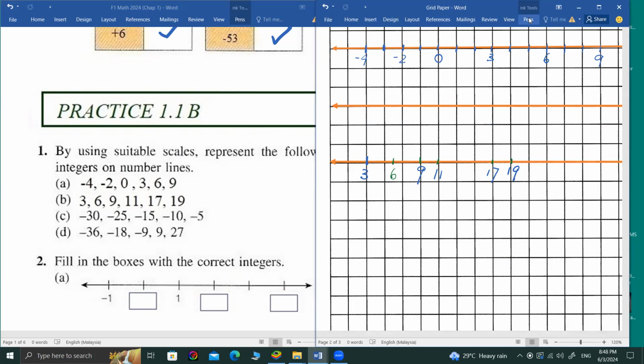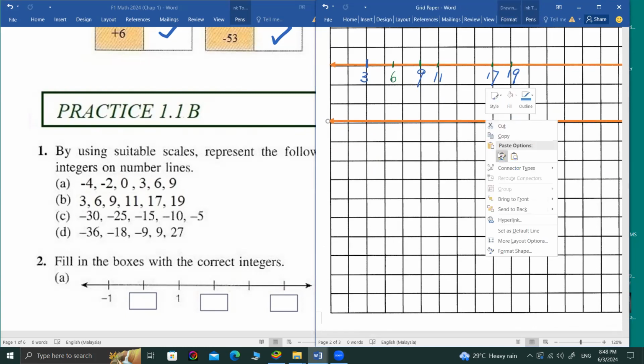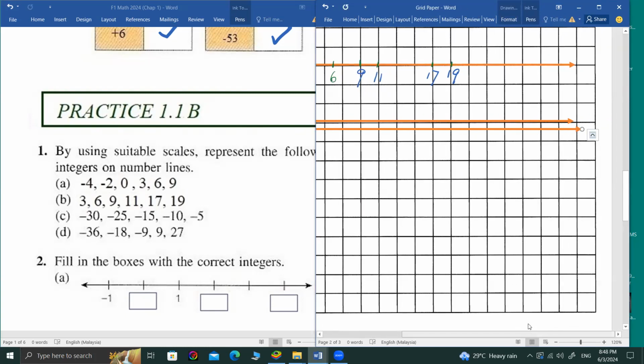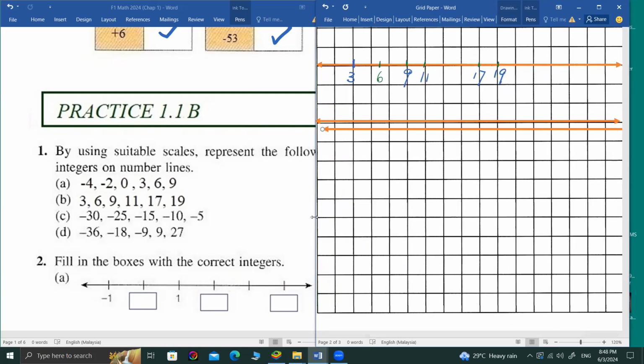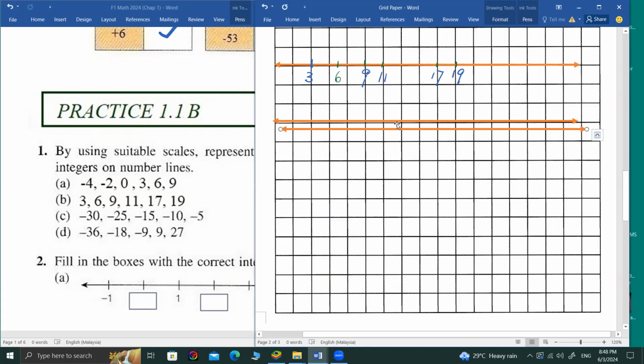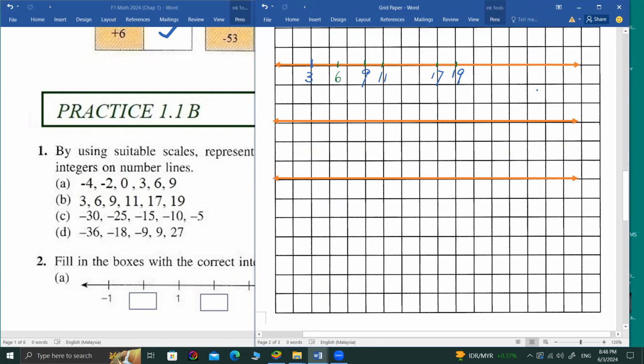I use the given ones only. So if it's negative, remember you go to the left, from the smallest one.